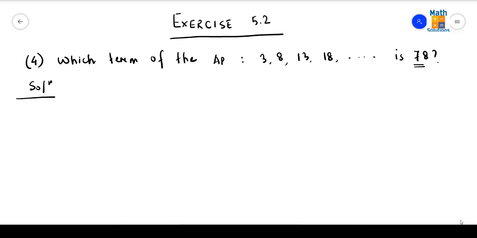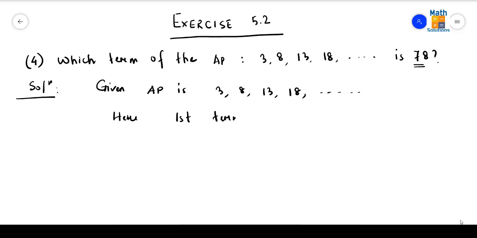Coming to the solution part, the given AP is 3, 8, 13, 18 and that goes on. Here the first term, small letter a, is equal to 3.